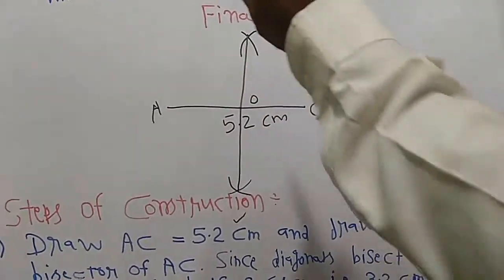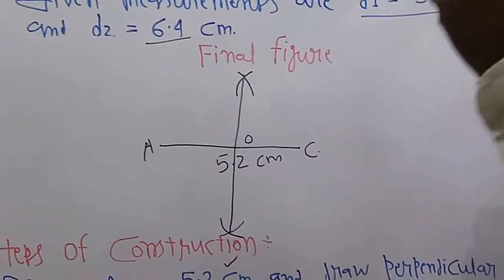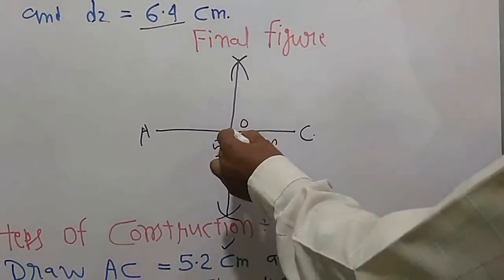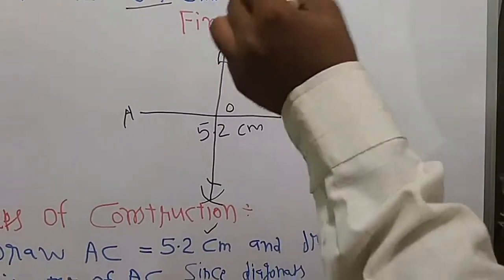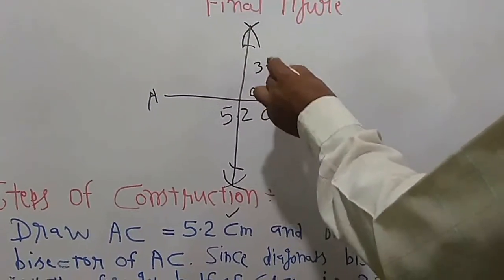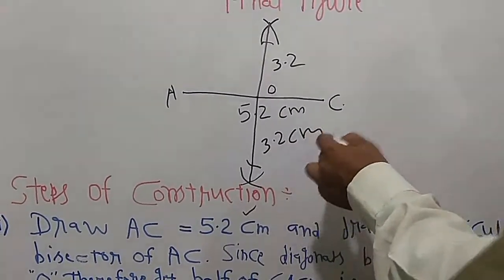It is just half of this 6.4 centimeter. It is our D2, and from point O we draw one arc here and one here. It is 3.2 centimeter on this side and 3.2 centimeter on this side.